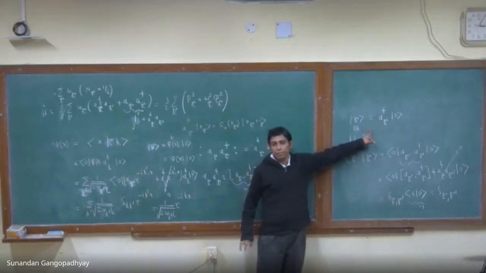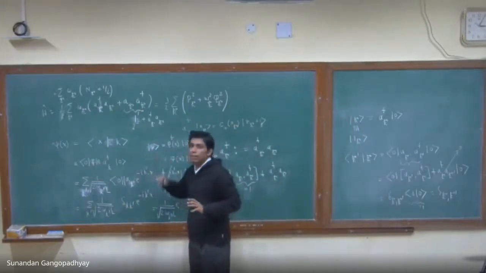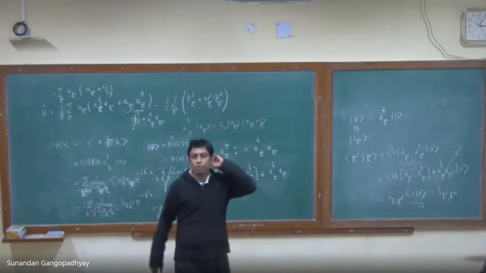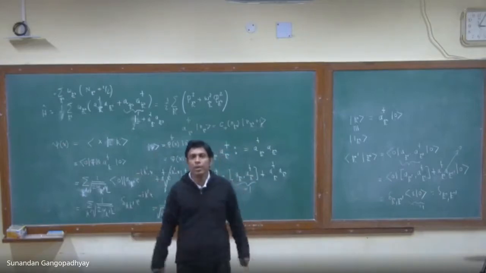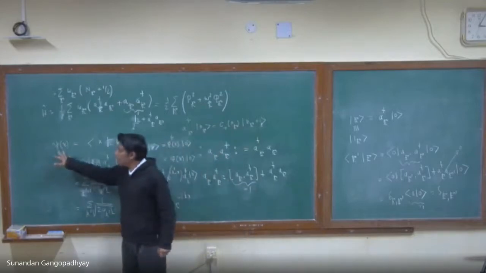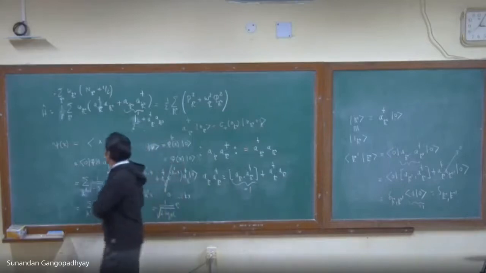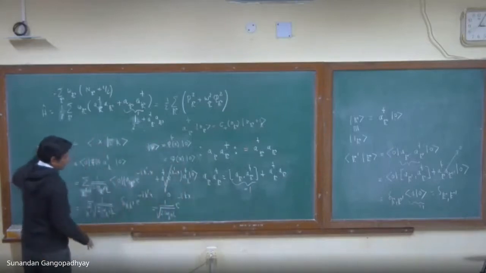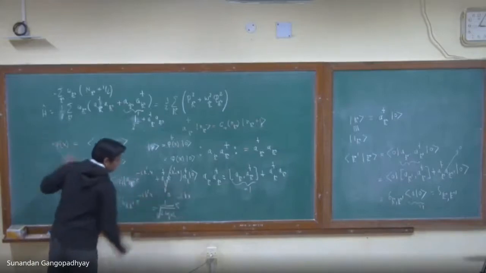Yes, sir. Okay, good. So if you are not satisfied with this thing, then you just turn the table around and put the argument in a different way. Let us say that psi of x is equal to this. You know what psi of x should be. It is a wave function like this.